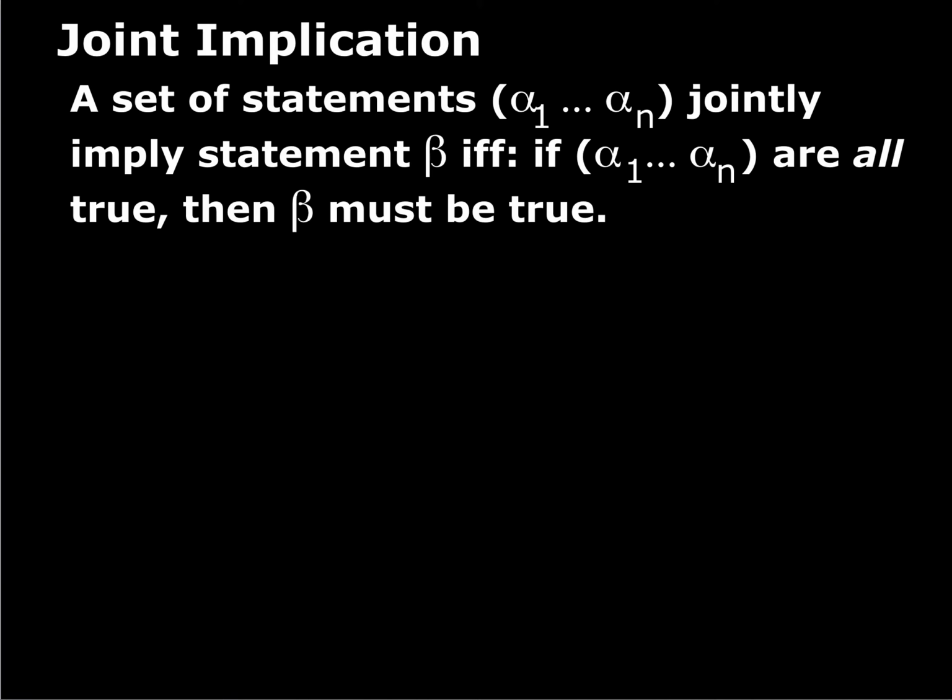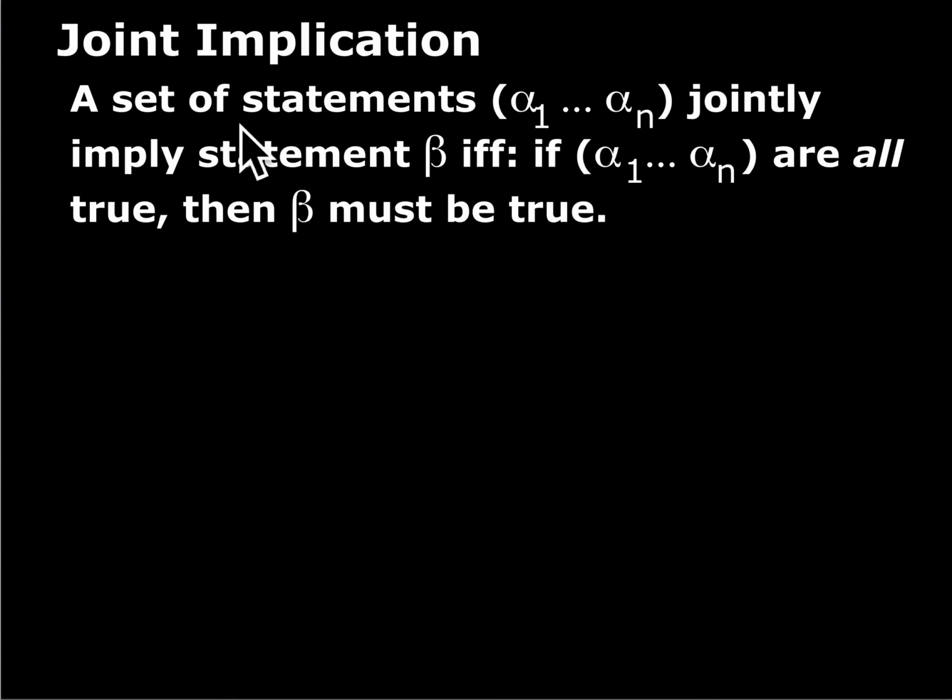What about implication? Or sometimes we'll call it joint implication, just to highlight the fact that we're talking about multiple statements and whether or not they imply some other statement. Well, this is also tricky because of this directionality in implication.